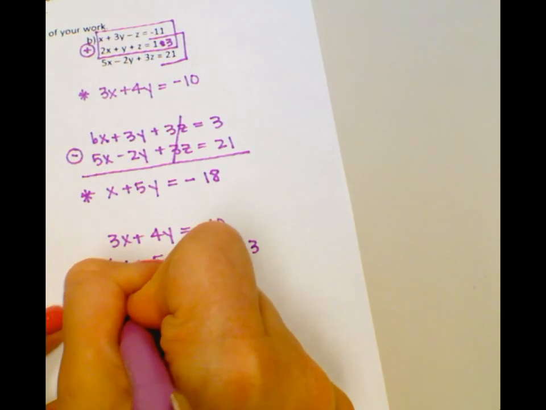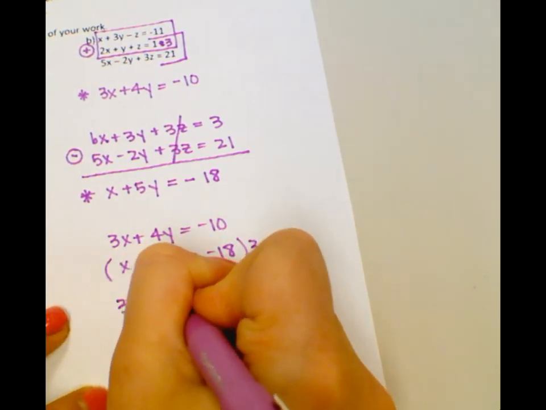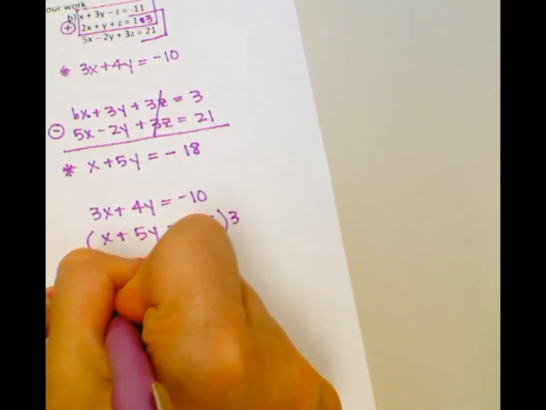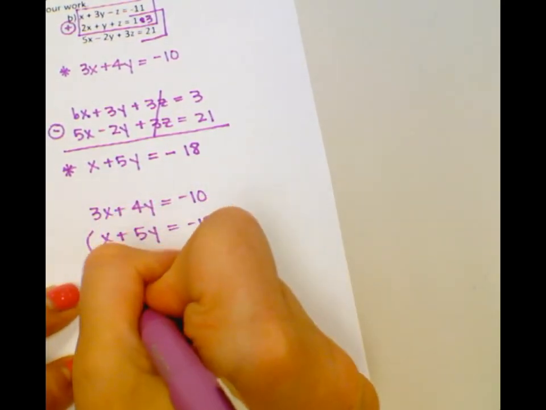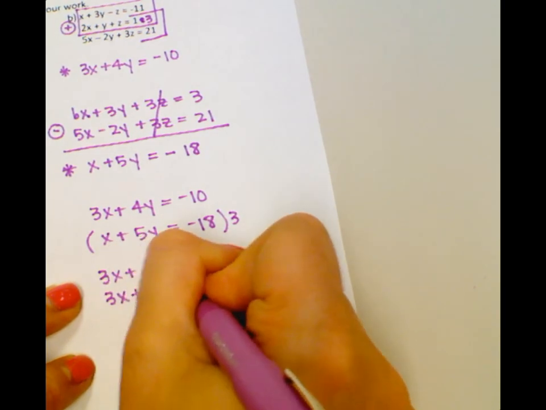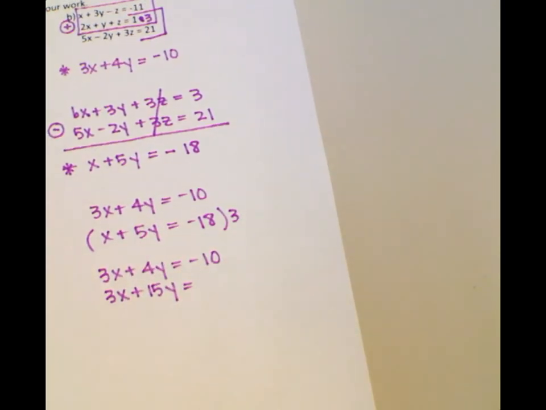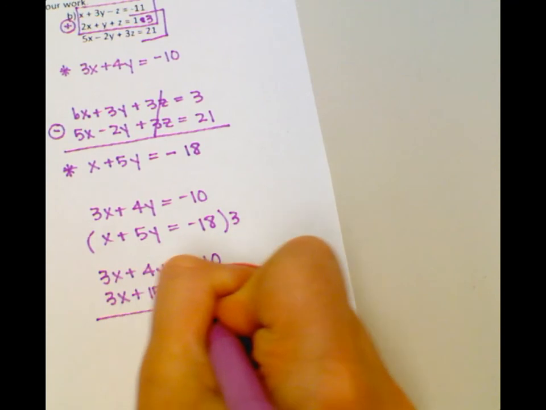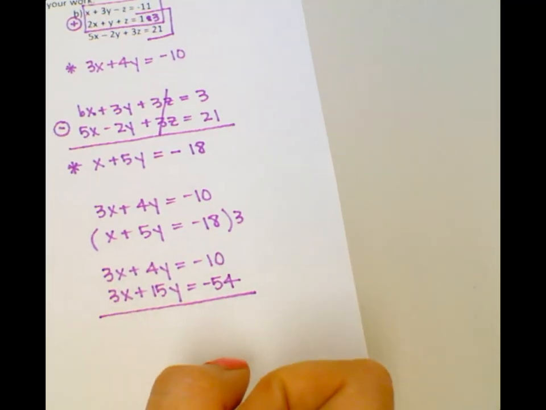So I'm going to just rewrite the first one again. And then I'm going to rewrite the second one. So 3 times x, 3 times 5. 3 times negative 18, negative 54. Now, the 3x's are the same, so am I going to add or subtract to get rid of them?